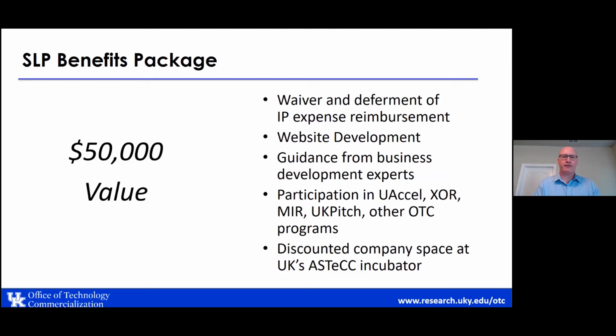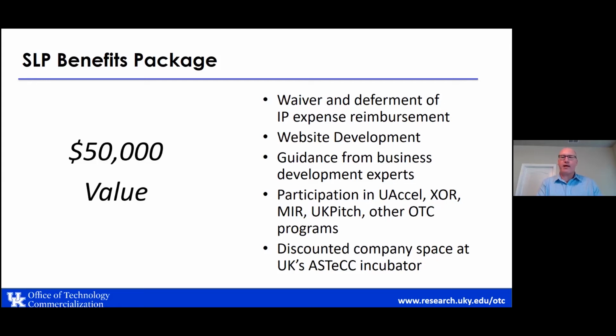So the first one, and the most important one, the one that you're probably going to be most excited about, is the waiver and deferment of IP expense reimbursement. And so that's a critical aspect of the program. The objective of that is that we don't want to take money out of the early commercialization processes, when times are really lean under the startup, you have a little bit of SBIR funding, you have a little bit of maybe early investor capital.